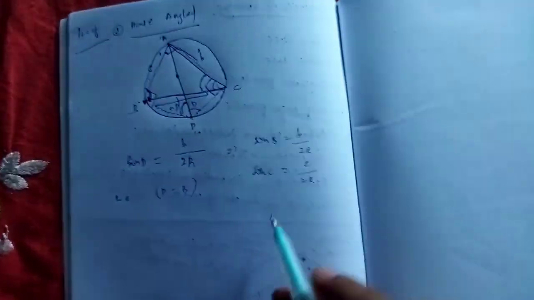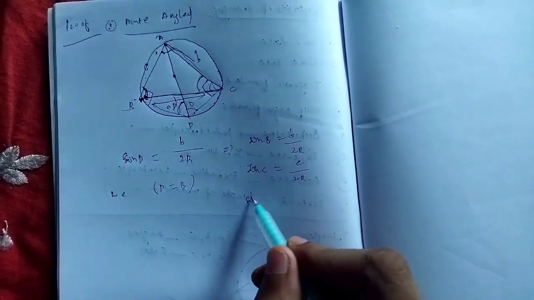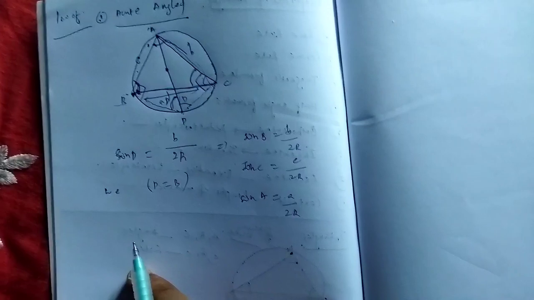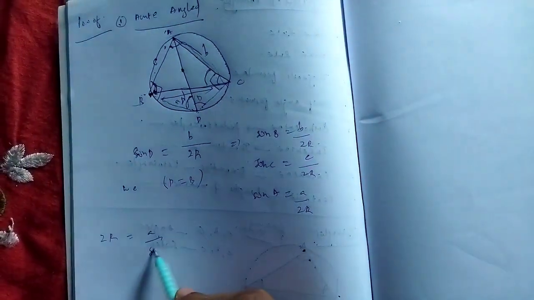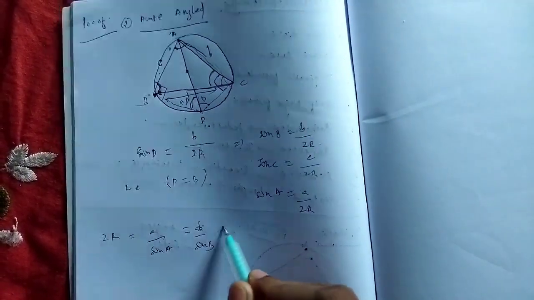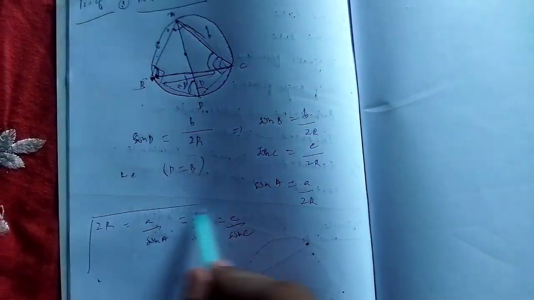And if we draw another diameter joining B and center, we can prove sine A equal to a by 2R. So we can write 2R as a by sine A equal to b by sine B equal to c by sine C, right? This is sine rule in acute angle triangle.